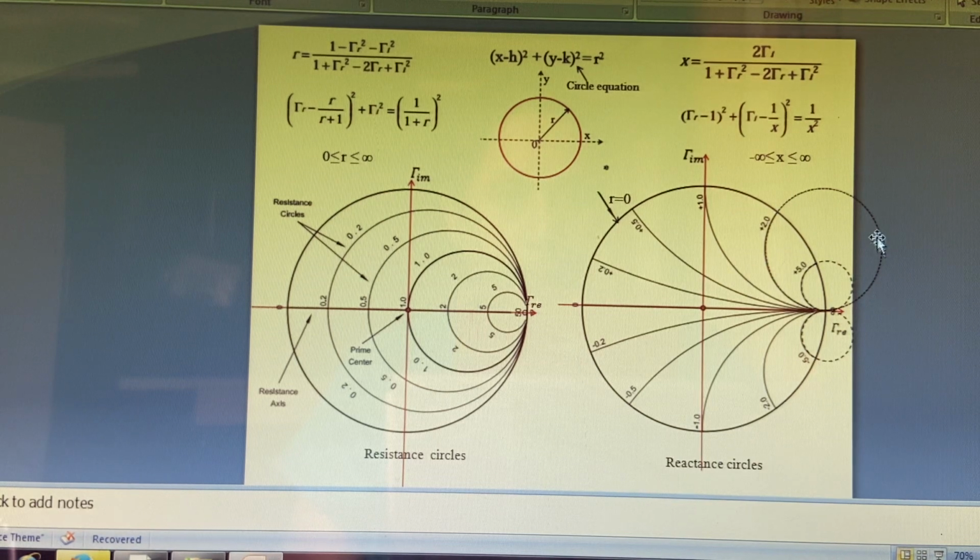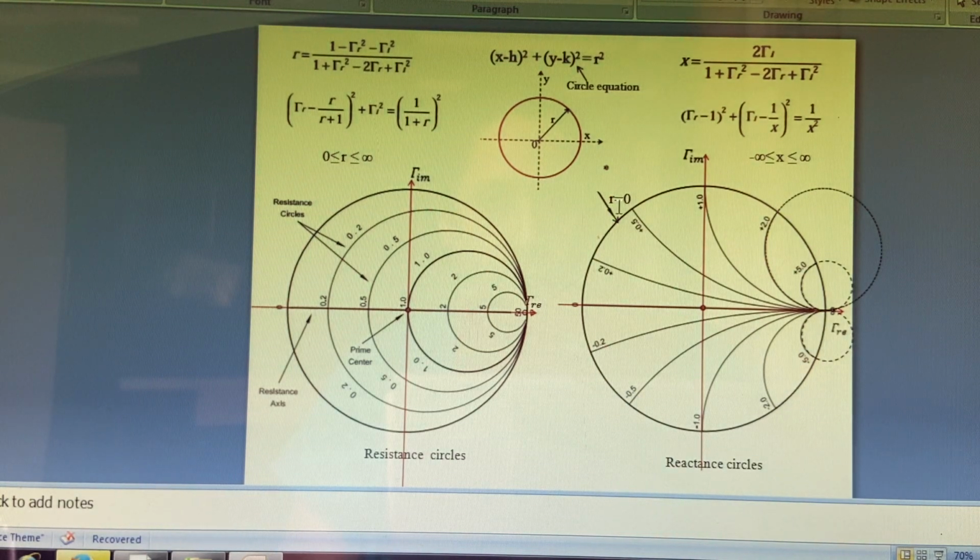For example, if you take x is equal to plus 2 reactance value, and vary Γr, then Γr and Γi form a circle like this. This is the r is equal to 0 circle, the outermost circle.